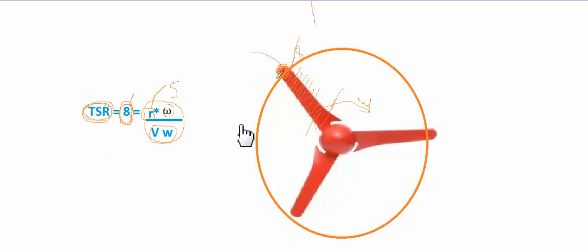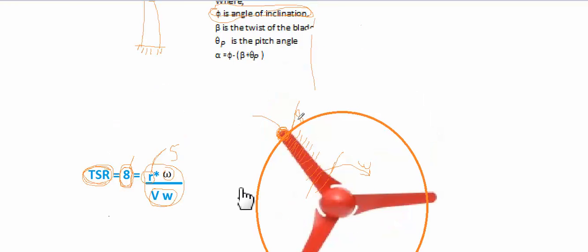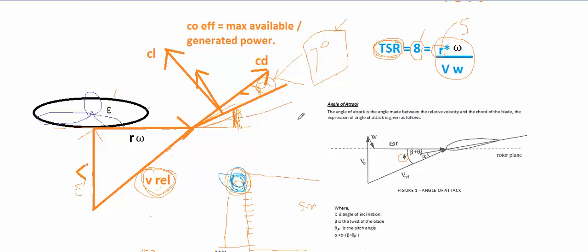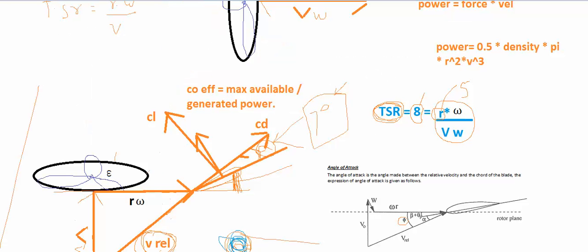Now imagine there are 20 elements. This blade is being cut into 20 elements, 20 partitions. Now let's make triangles for all the 20 elements, but all 20 are not possible, so let's make them for 2 elements.